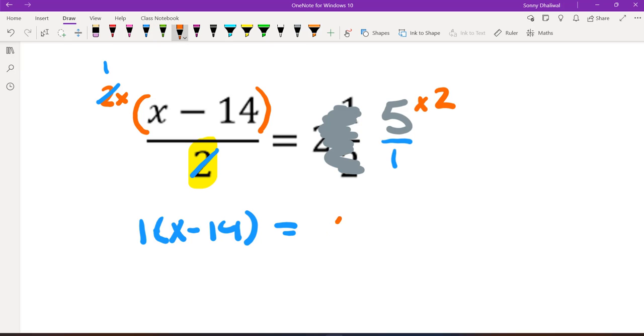So you're left with a 5 times 2, which is just a 10. Now, if you want, you can do your arrows through here, but 1 times anything doesn't change that number. 1 times 3 is still 3, 1 times 156 is still 156. So when we multiply through the brackets, it still stays exactly the same. On the other side, we've got a 10 sitting there.